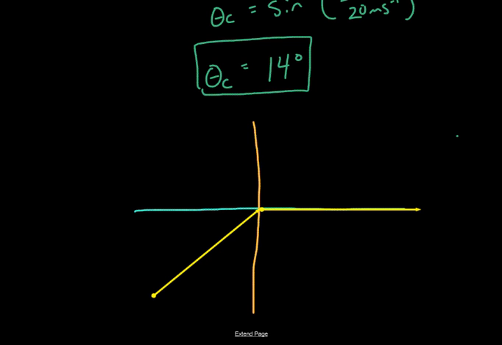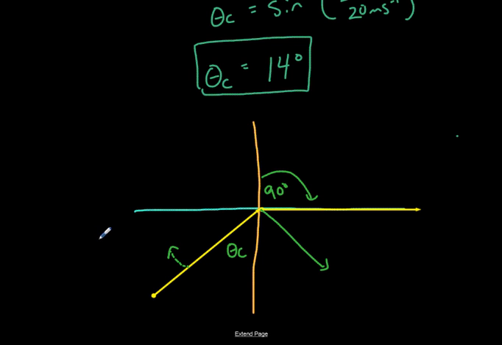And what we're saying is that this angle here, the critical angle, if you go above that angle, you're going to have total internal reflection. Okay, because at that angle, the refracted angle equals 90 degrees. Okay, and that happens at 14 degrees here. So anything larger than 14 degrees will cause total internal reflection.